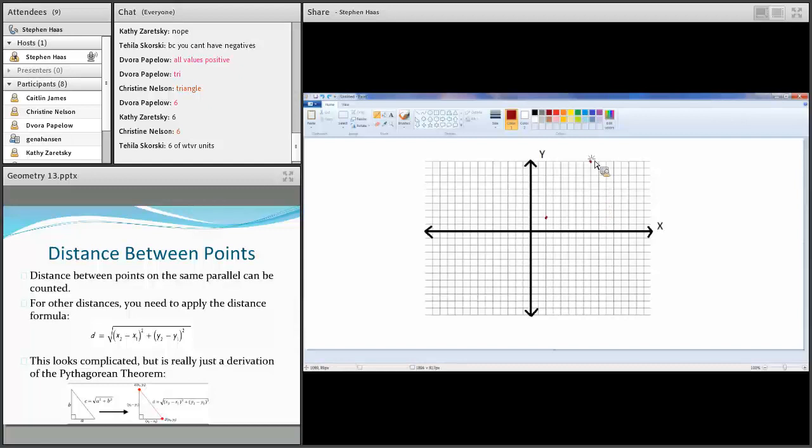Okay. All right. Let's say we've got two points over here. First of all, let's connect them. And I asked you to figure out what is the distance between these two points, again, in whatever units we happen to be talking about.